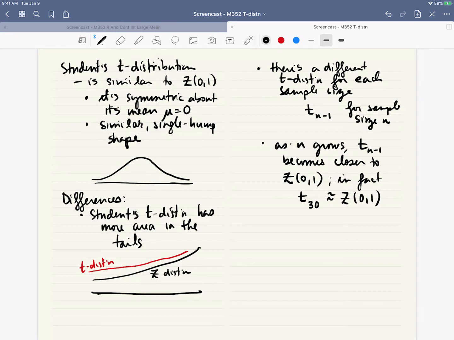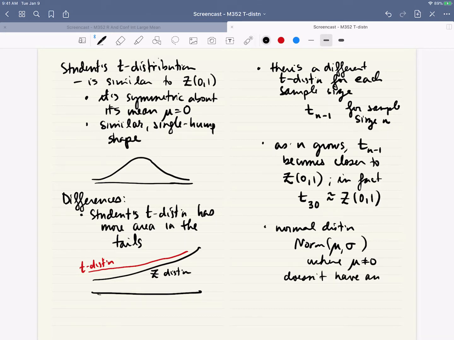All right, so what about this n? Another thing to say is with the normal distribution, we have normal distributions with mean mu and standard deviation sigma, where mu is not equal to 0. Well, we don't have an analog in the t-distributions.